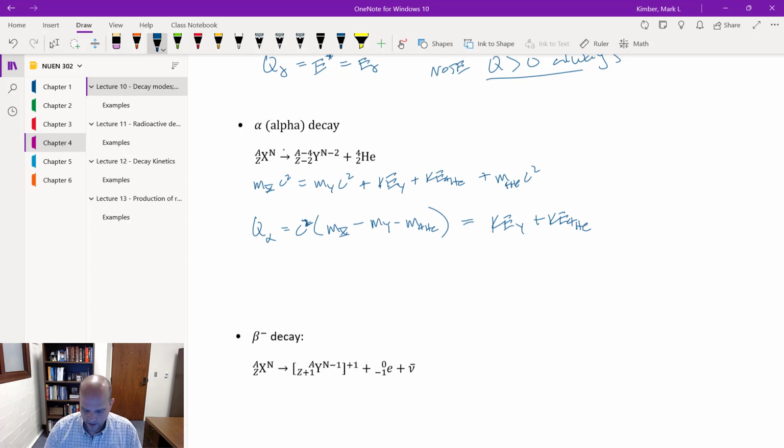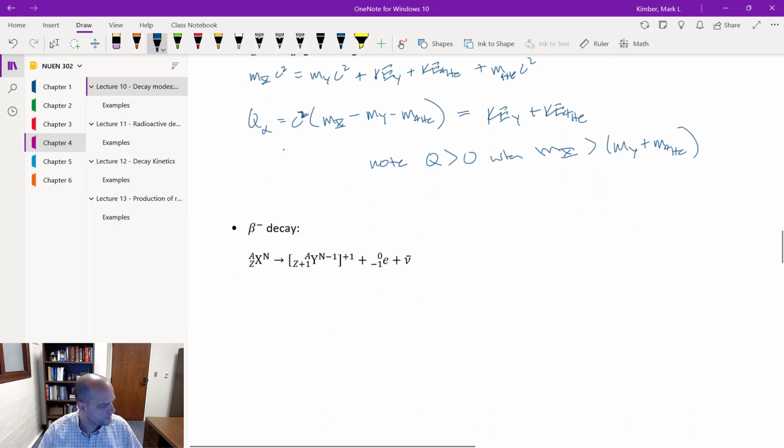And so there's nothing here that's different, but we should note that Q is going to be greater than 0 when the mass of the parent is greater than the sum of the mass of the daughter plus the mass of that alpha particle. So if that's the case, then the Q value would be positive. Then it is spontaneous. It doesn't need any kind of input from me.